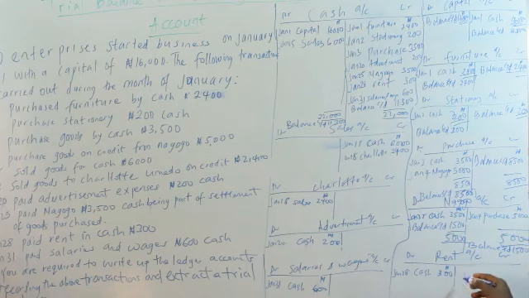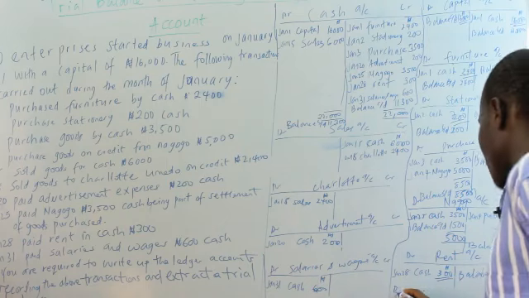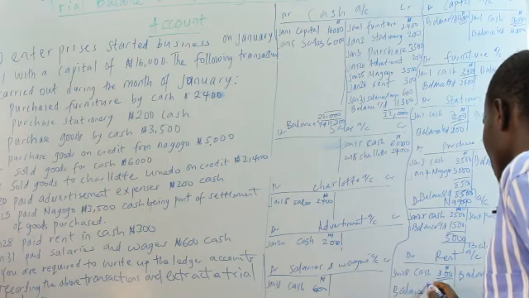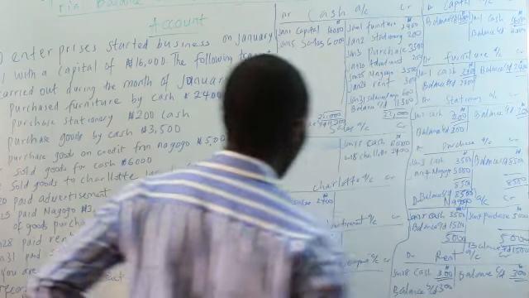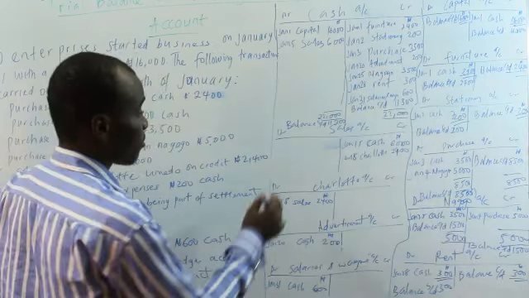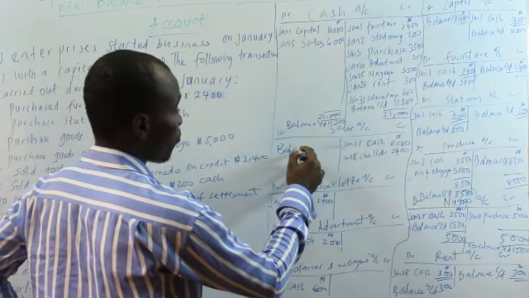So to have balance carried down, we have 300. So we close this. Balance brought down, we have 300. So again, we can balance the sales account and the balance carried down here.